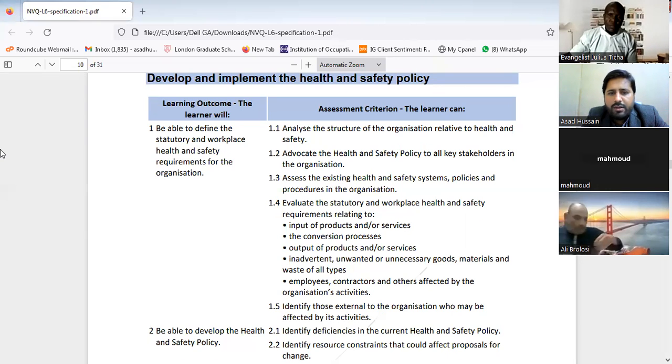Okay, now moving forward, we have the last one, 1.5: identify those external to the organization who may be affected by its activities. It is just simple.